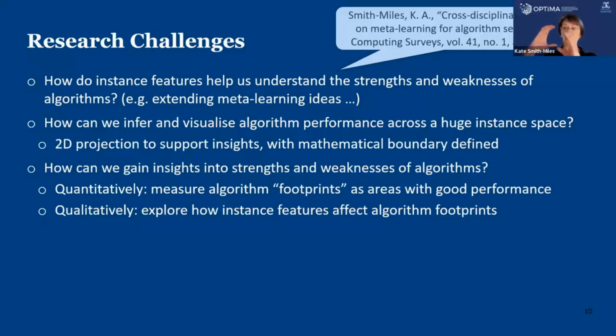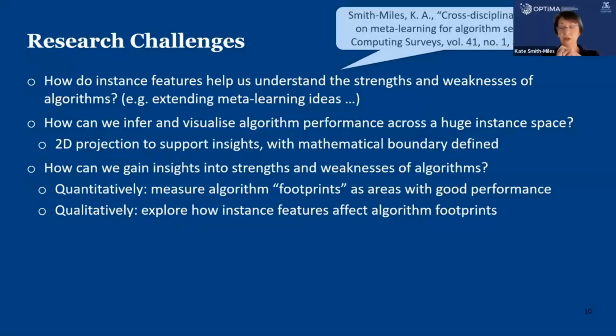So we define the region in the space where an algorithm has evidence of good performance. We've got enough points where we can see the algorithms performing well that we can kind of connect the dots, a convex hull kind of argument, and create what we call footprints, an area of expected good performance.